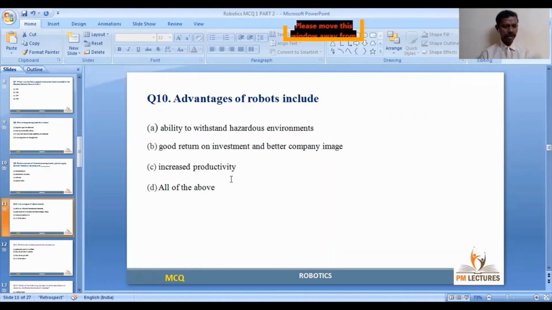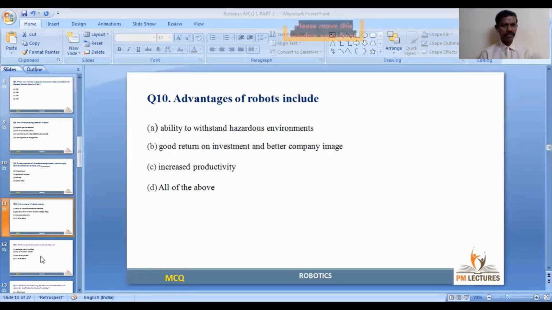Option D, all of the above. So here all A, B, C options are applicable as advantages of robots. Hence, option D is the correct answer.